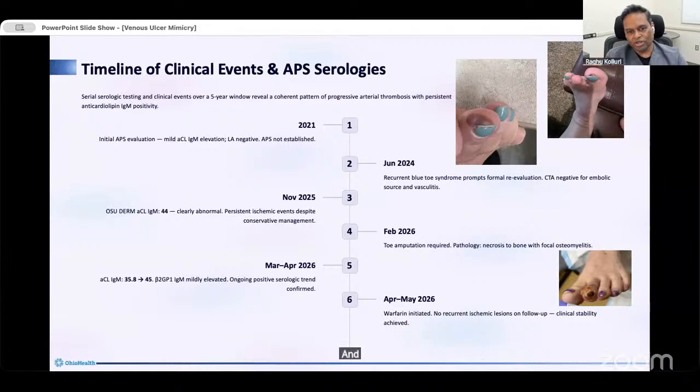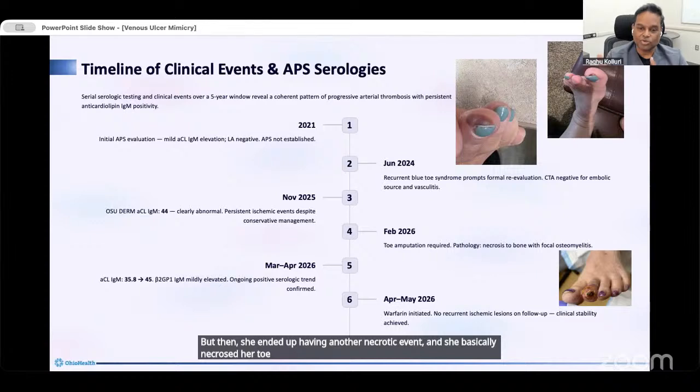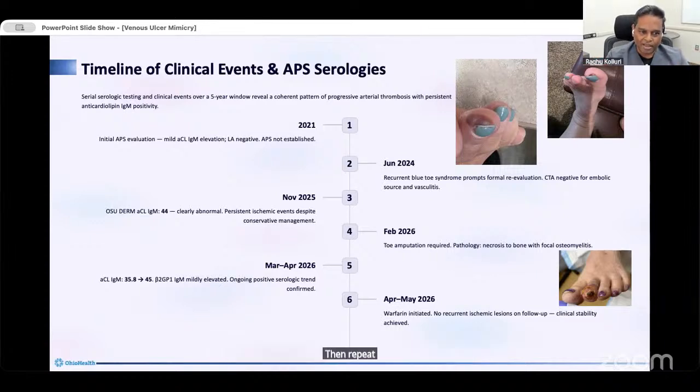Meanwhile, the hematologist did not think that was much. I did not think that was enough to call it APLA. But then she ended up having another necrotic event, and she basically necrosed her toe and needed an amputation while on apixaban. Then we repeated the antiphospholipid workup, which again showed mild elevation in anticardiolipins.